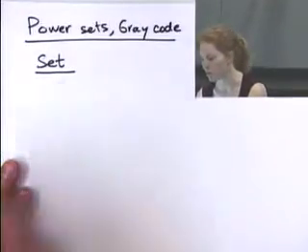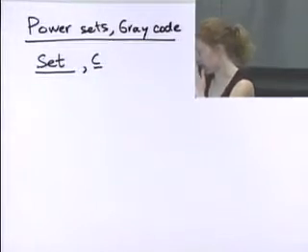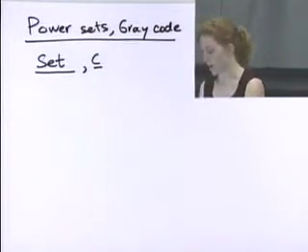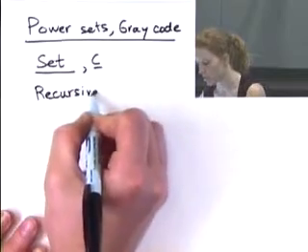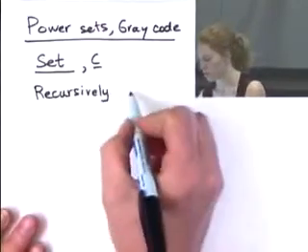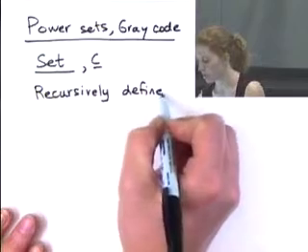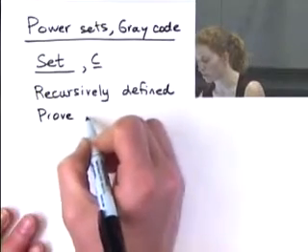It uses a lot of set properties, you know, subset and that sort of thing, definitions of sets. We could also define it recursively, making the graph for it. And we could prove by induction that it was gray.